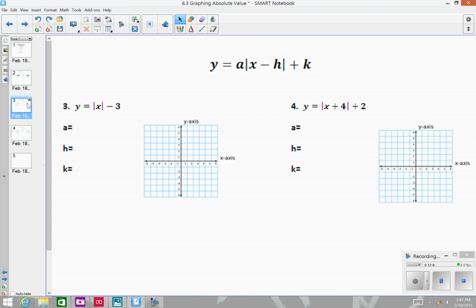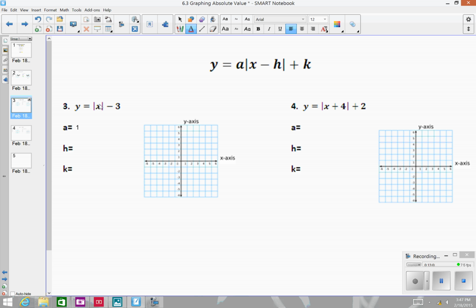So let's go to the next one. I am going to go through and do the same thing. For my a value here, my a value is going to be 1, because obviously you don't see a number. Now, what is my h value here? Do you see a number inside these absolute value brackets? I don't.